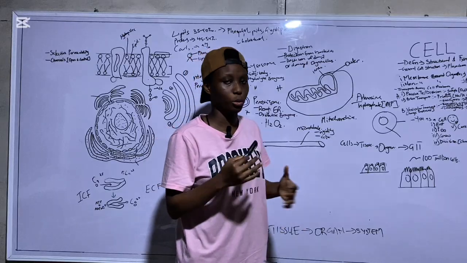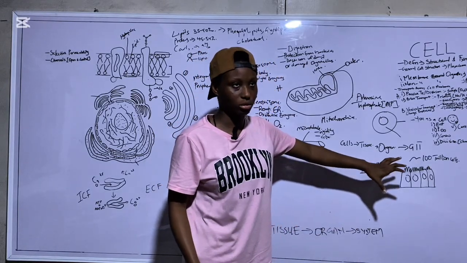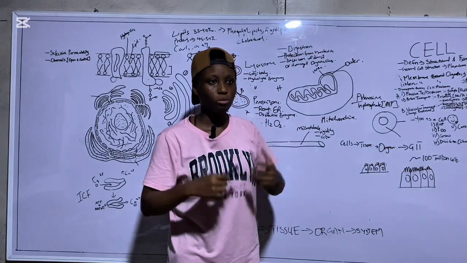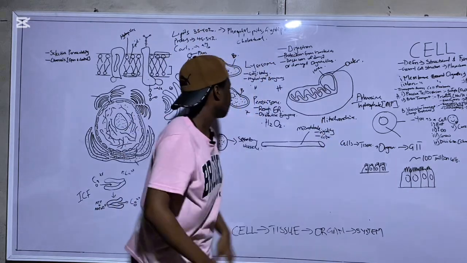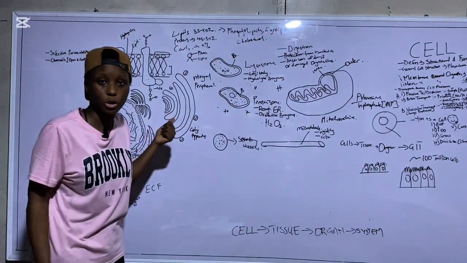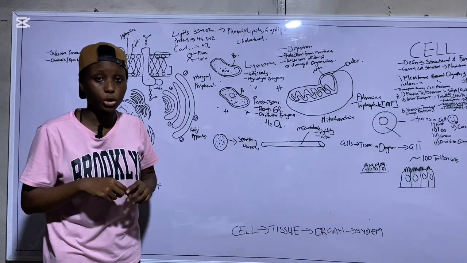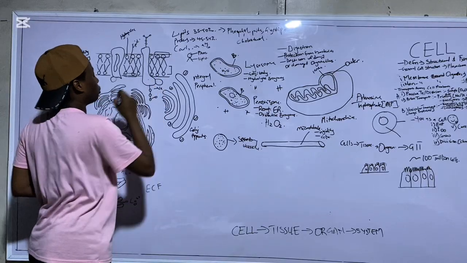A hormone comes in looking for where to bind, and cells use the carbohydrate molecule to signal, hey, I'm here, bind to me. We can also use our protein molecule, but for the function of carbohydrate, let's just base it on the carbohydrate molecule.